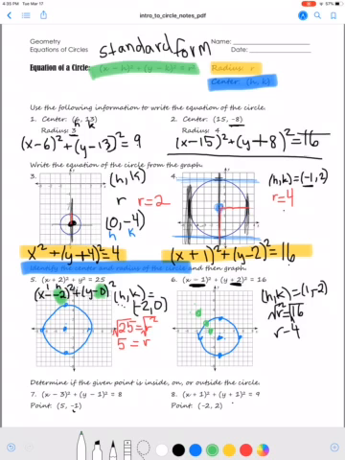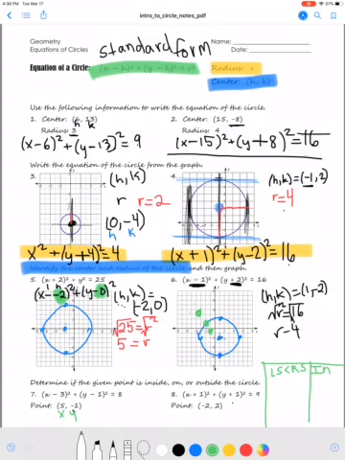We're going to be given a point, an x and a y, like on number 7, and we just need to plug those x's and y's into our equation. If, when we plug it in, the left side is less than the right side, we say that point is inside the circle. I'm just going to write it as an abbreviation.